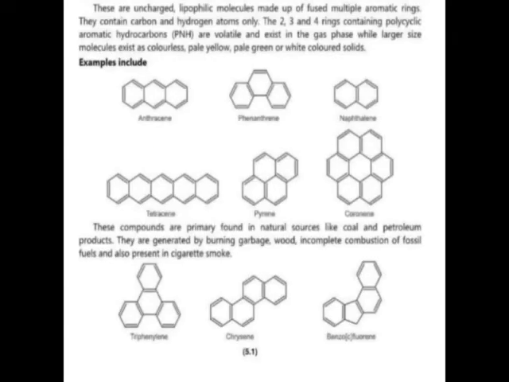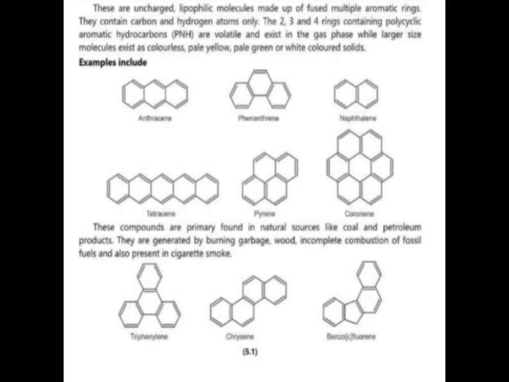Now we move to the next chapter, that is unit number 4, called Polynuclear Hydrocarbon. So what are these polynuclear hydrocarbons? They are uncharged, so they don't have any positive charge or negative charge.